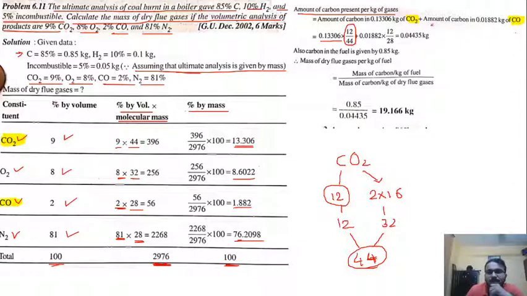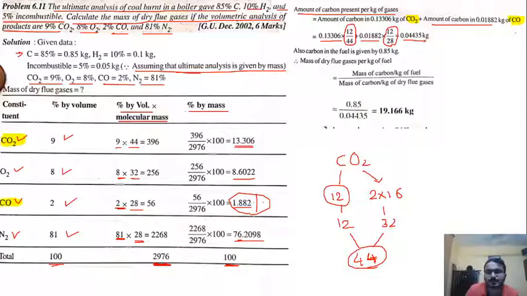Similarly for carbon monoxide, in absolute form the fraction is 0.01882, and this is the 12/28 ratio, that is the content of carbon present in carbon monoxide. So finally we get the amount of carbon present per kg of gas.